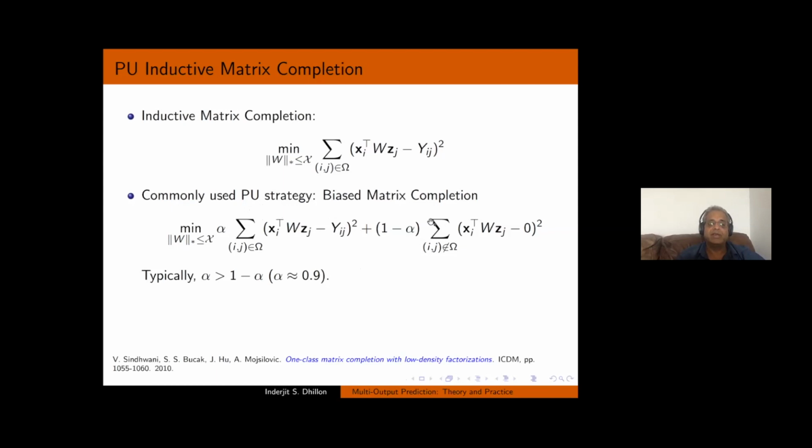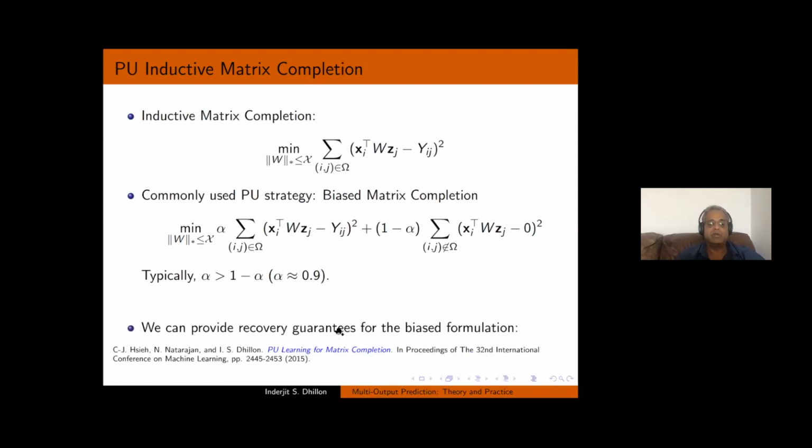And then you can just say that with lower confidence, all the remaining values are negative, and then you can solve this problem. What people found is that these generally gave better results for the kinds of problems they were looking at. So what we did was to show that you can actually provide recovery guarantees for these biased formulations.